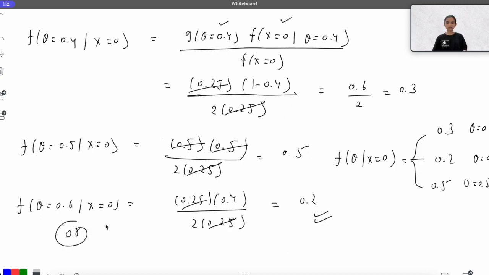You can calculate this one by just subtracting the other two, like 1 minus 0.3 minus 0.5, that will also be 0.2. That is the same thing.